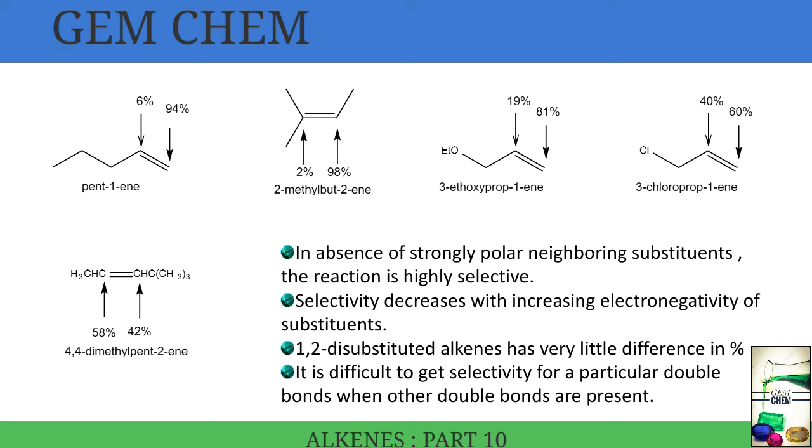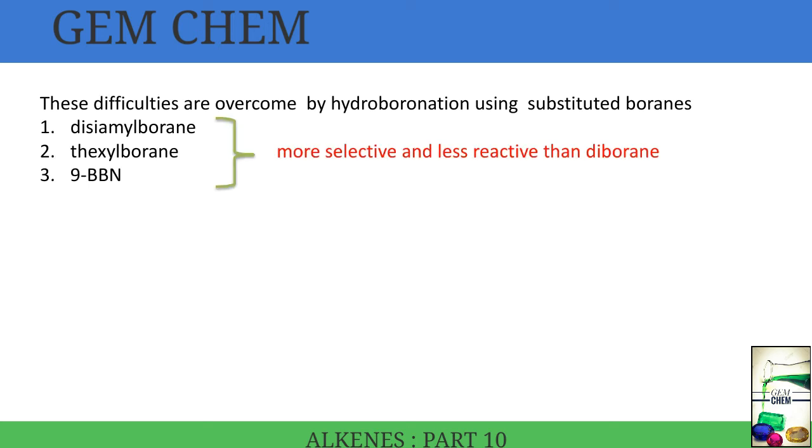It is difficult to get selectivity for a particular double bond when other double bonds are present. Suppose there are 2 to 3 double bonds present in a molecule, and we require one double bond to be boronated, then selectivity is very difficult to observe. Now these difficulties are overcome by hydroboration using substituted boranes.